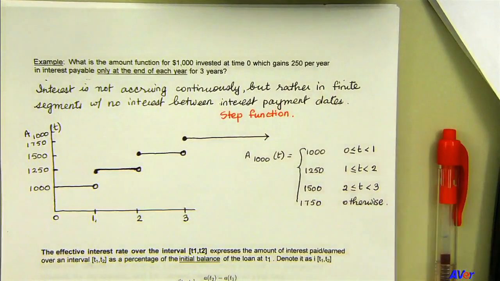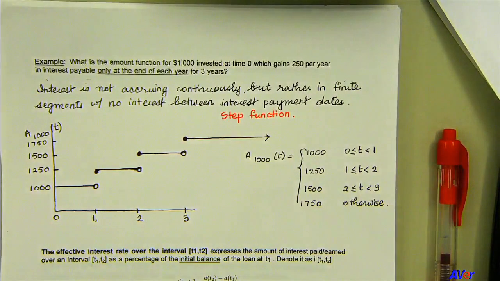What would this function have looked like if interest was accruing continuously? What would it look like? It gains exactly $250 per year, so it would be a straight line. Linear, right? So it would look like this.